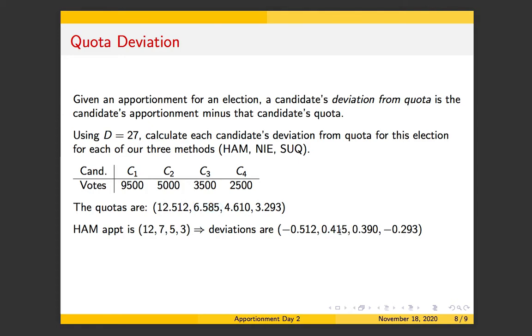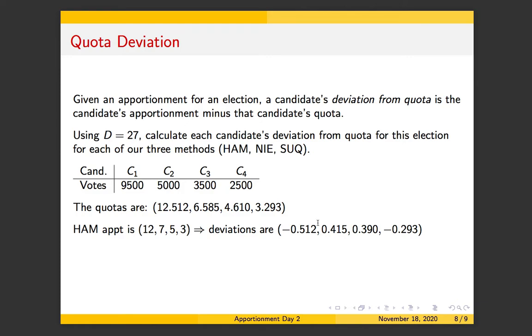Okay, so a positive number over here means you got more than your quota. A negative number means you got less than your quota. So the positive numbers are the candidates who were treated favorably in this particular setup. Generally speaking, these numbers won't ever be 0. If your quota was exactly 12 and then you got 12, that's how you get a 0, but that's fairly rare.